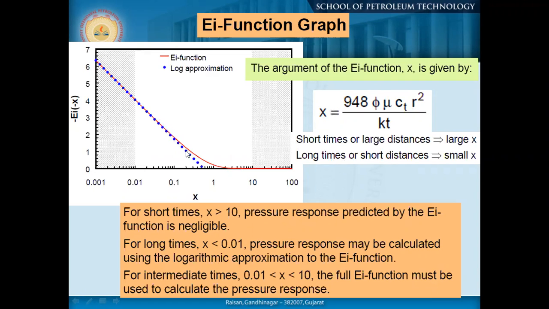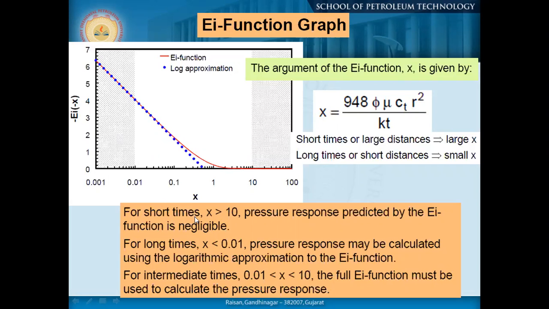Following the expansion algorithm, this is the logarithmic EI function expansion term, and here it is the logarithmic approximation. We have a specific overlapping domain where X is 0.01, and where X is more than 10, or even more than 3, looking at 1, 2 and 3, we can consider there is no effect of this exponential function.